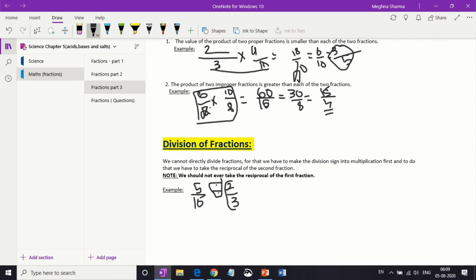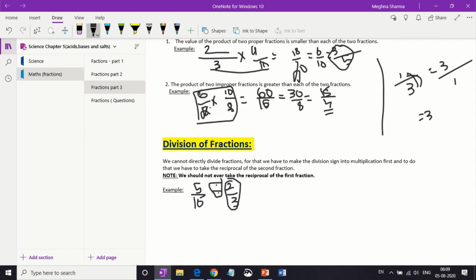What is the reciprocal? For example, let me take 1 by 3. What is the reciprocal of 1 by 3? 3 by 1, nothing but 3. Reciprocal means the reverse of the fraction: the denominator will become the numerator and the numerator will become the denominator.